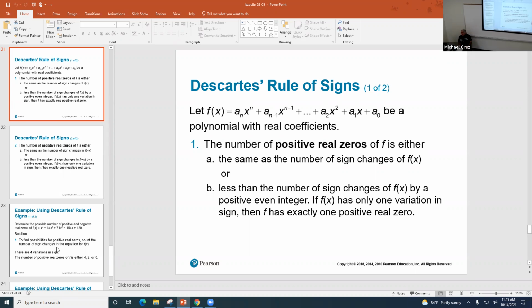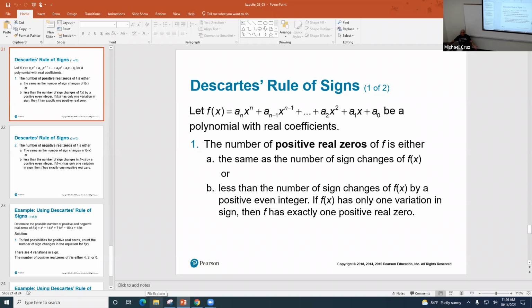Basically, if you look at the original equation and count the number of sign changes, that tells you possibly how many positive solutions you have. But it could also be 2 less than that, or 2 less than that.